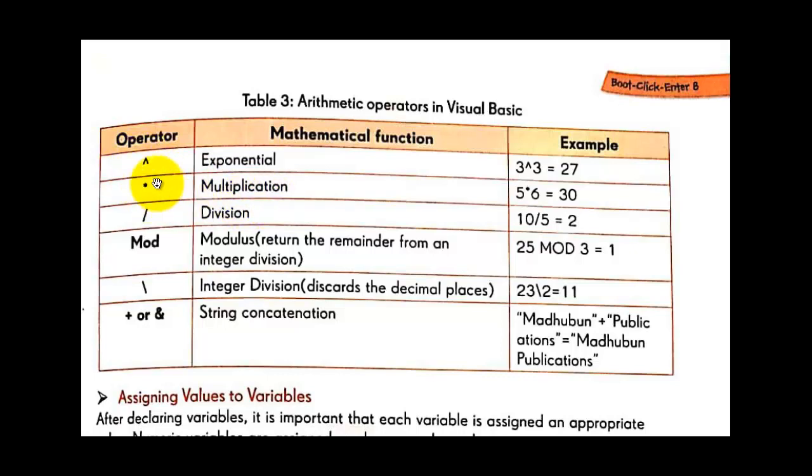For multiplication we use the asterisk, for simple division the forward slash, and for getting the remainder we use modulus, that is mod. For discarding the decimal values or the remainder and taking only the quotient, the whole number, we use the backslash. For concatenating two strings we use the plus sign or the ampersand.